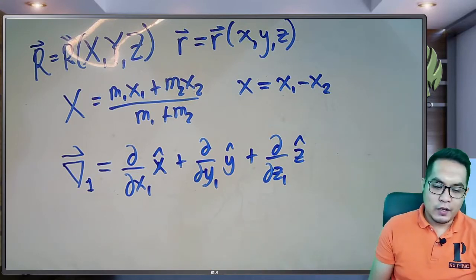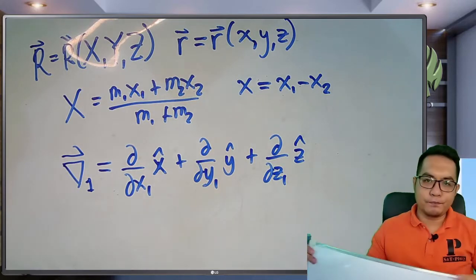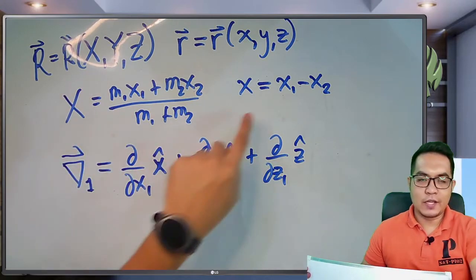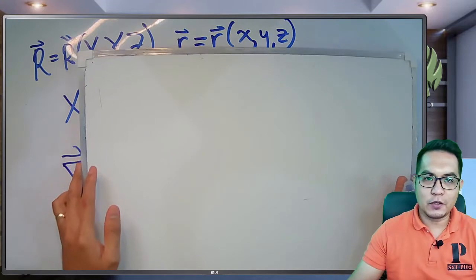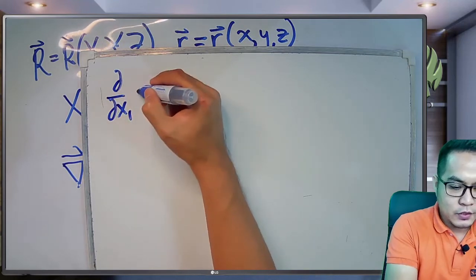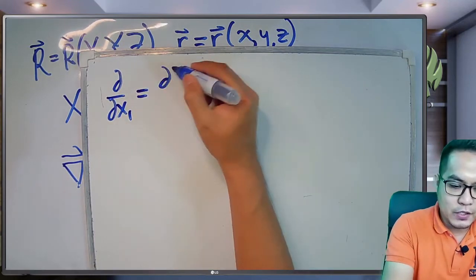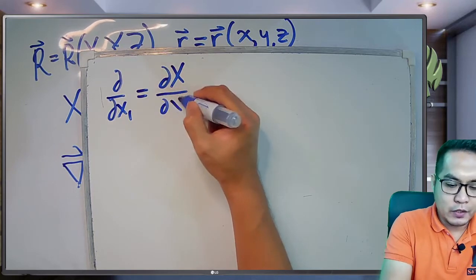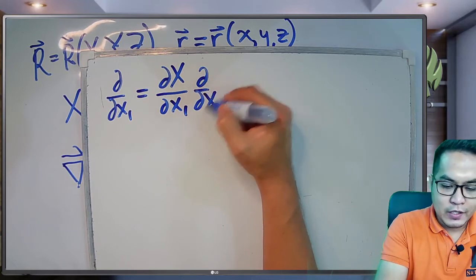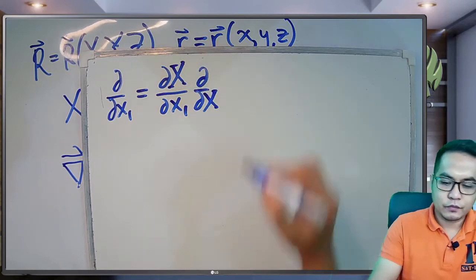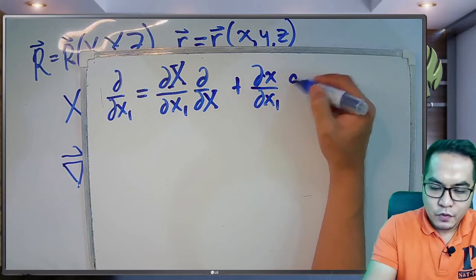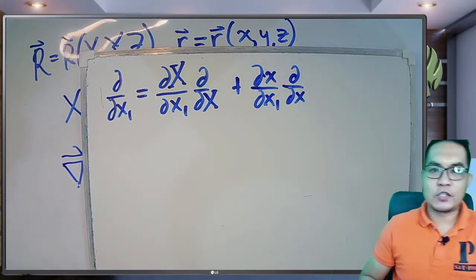Now, if we want to shift from x1 and x2 to capital X and small x, we need to use the chain rule for differentiation. So partial with respect to x1, according to the chain rule, is partial of capital X with respect to x1, partial with respect to capital X, plus partial of small x with respect to x1, partial with respect to small x. So this is the chain rule for differentiation.